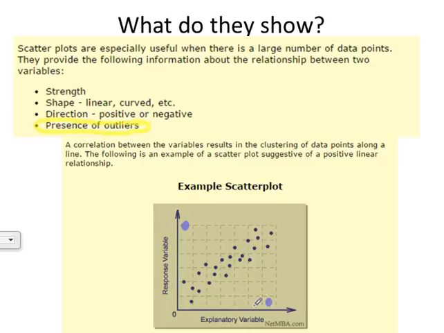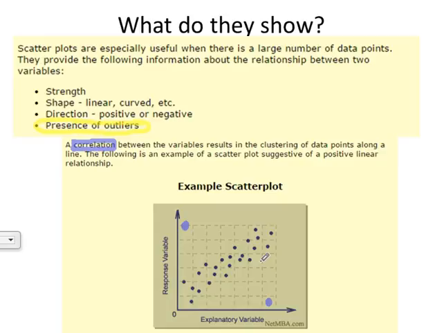So a correlation, and correlation is really what I want to focus on now, this idea of correlation. A correlation between the variables results in the clustering of data points along a line. So here, see how all of our data points are kind of clustering and they almost look like they're forming a line?